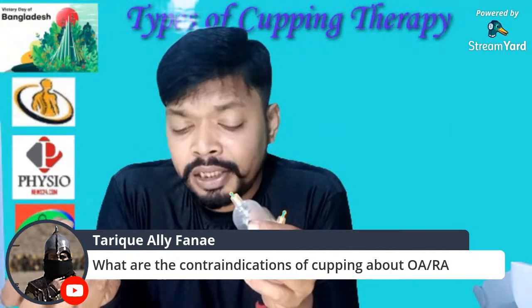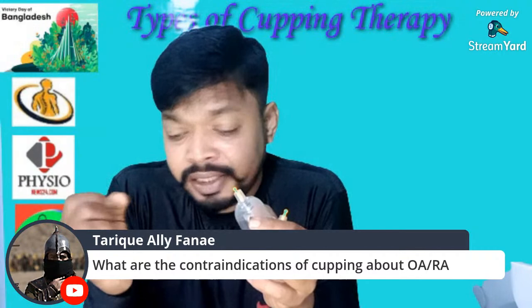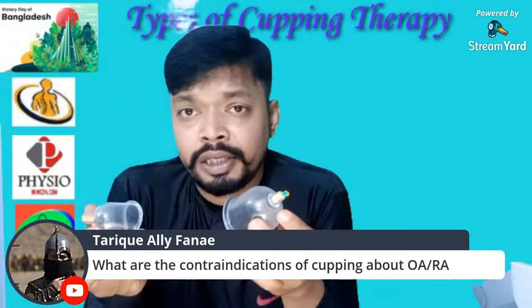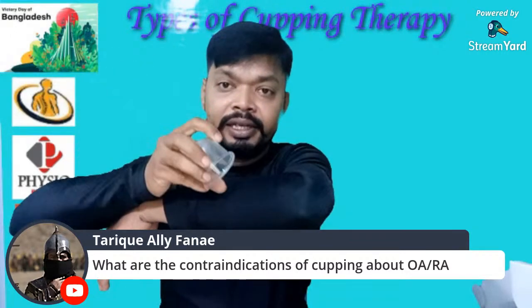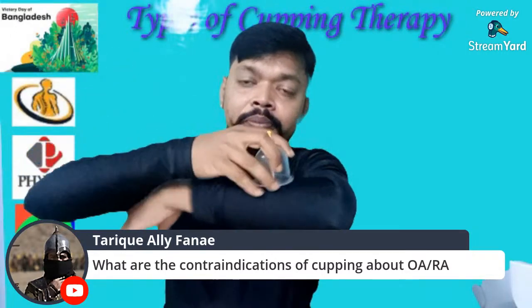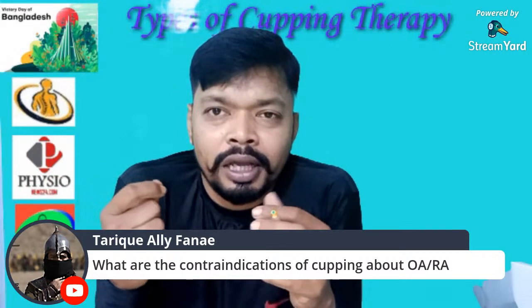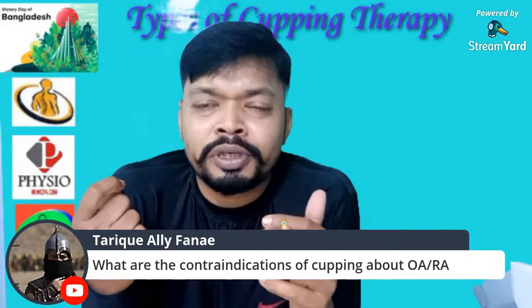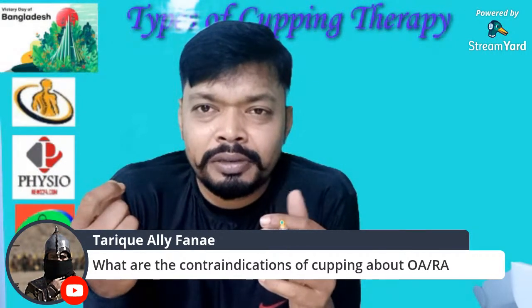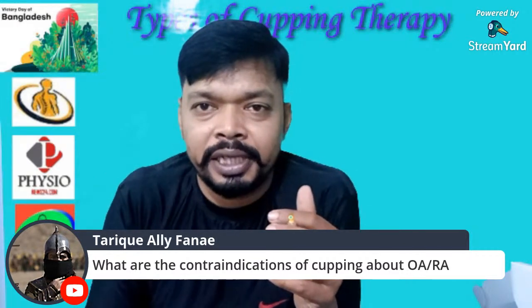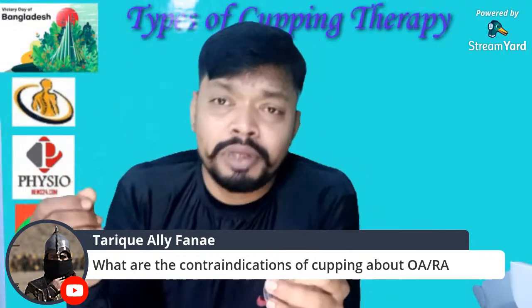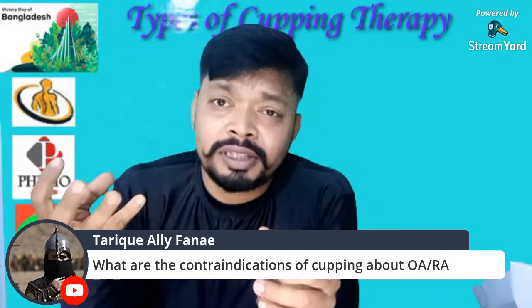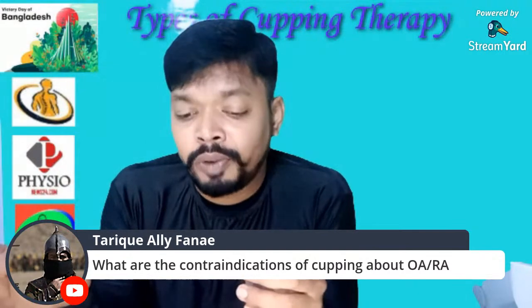Sometimes we apply materials inside, like a dry needle, and then apply the cup. A dry needle gives an instant release of 4 neurotransmitters, stimulating 4 neurotransmitters at a time. So when you apply the cup set, there will be a double stimulation: the cup itself has a stimulation, and then the dry needle works.